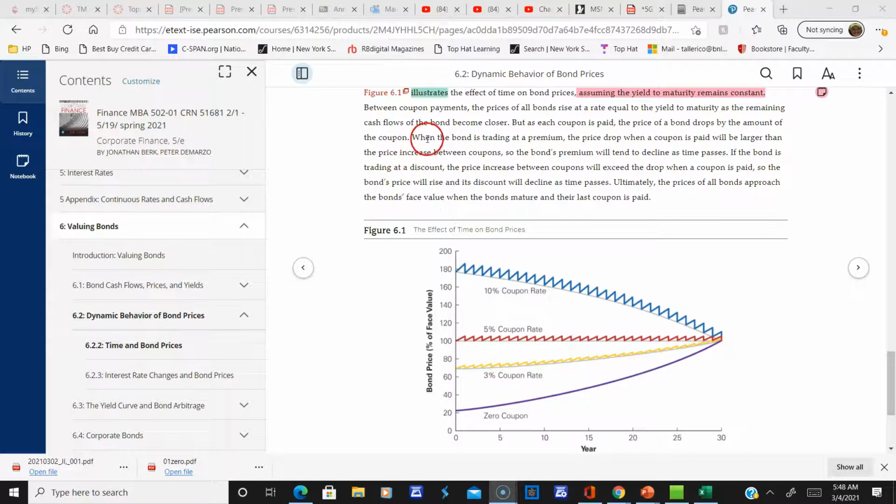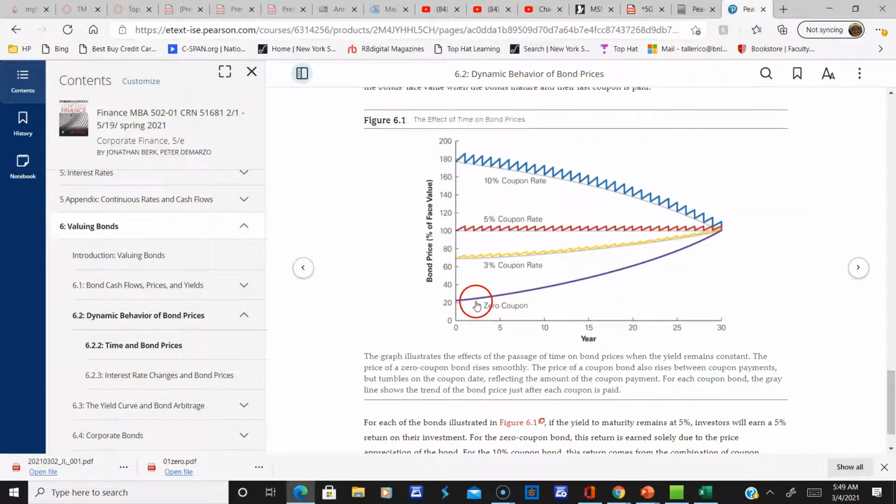And the price drop when a coupon is paid will be larger than the price increase between coupons, which is here, right? So the bond's premium will tend to decline as time passes. So you can see this coming down.